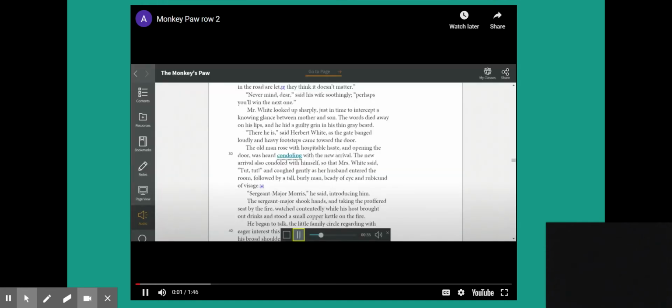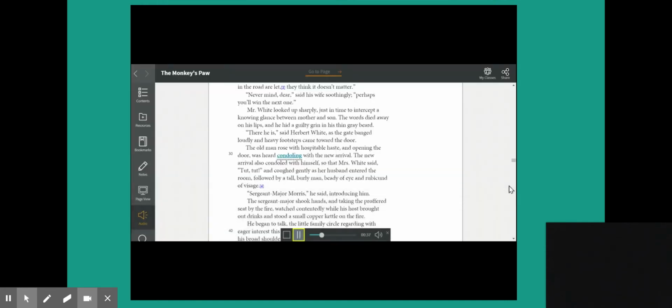"Mind, dear," said his wife soothingly. "Perhaps you'll win the next one." Mr. White looked up sharply, just in time to intercept a knowing glance between mother and son. The words died away on his lips, and he hid a guilty grin in his thin grey beard. "There he is," said Herbert White, as the gate banged loudly and heavy footsteps came toward the door.